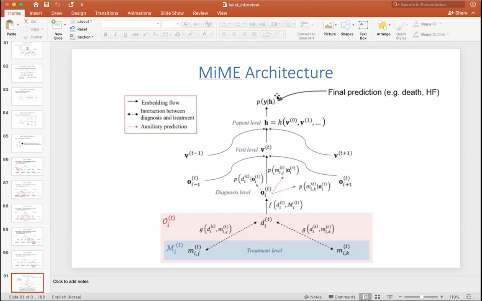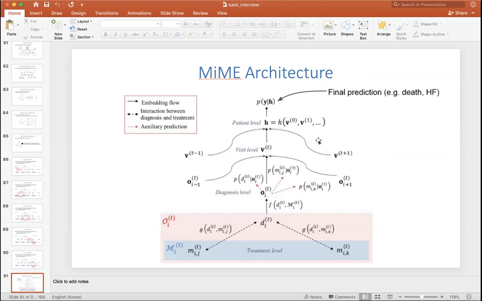H being the patient embedding, there should be a patient representation vector, and the patient is a sequence of visits. So there's the patient level, then the visit level, with visit 1, visit 2, visit 3.